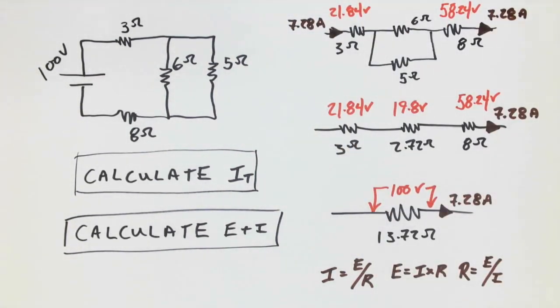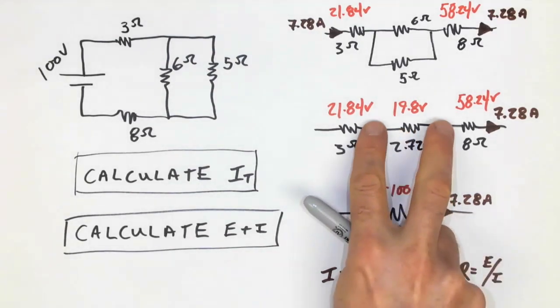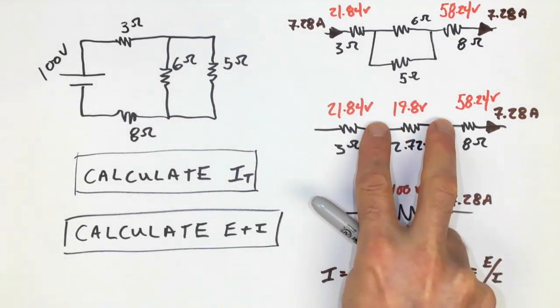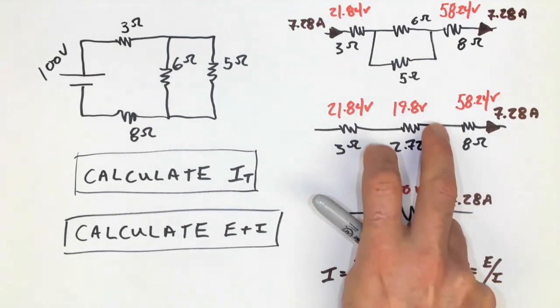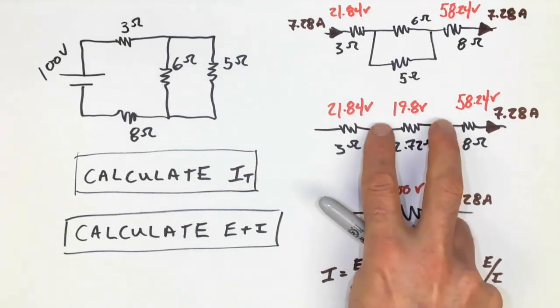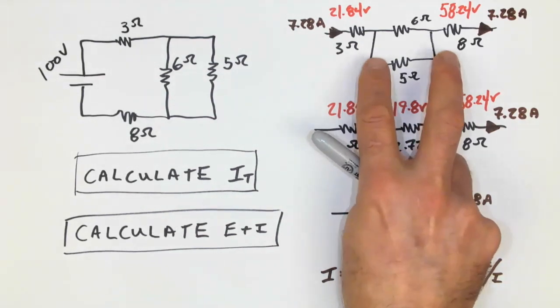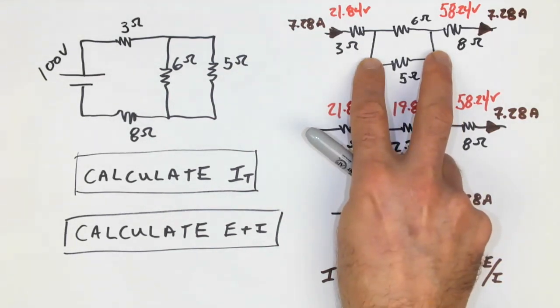Finally, we look at the middle section. The middle section is right here, 19.8 volts from this point to this point. And if we slide this up, we'll see that those 2 points still exist. It's the voltage between the 3 and the 8 ohm resistor.